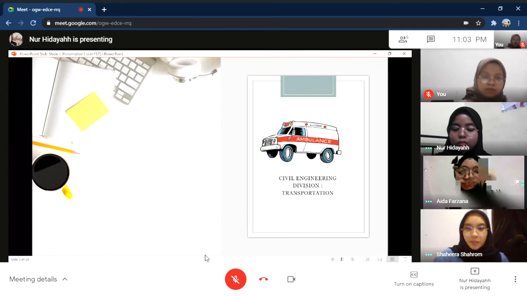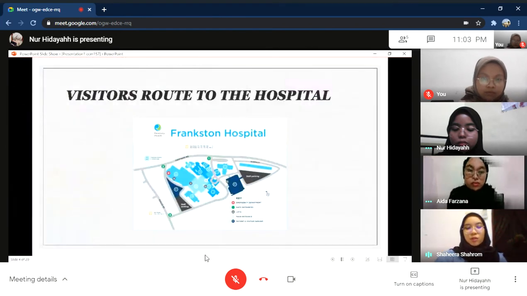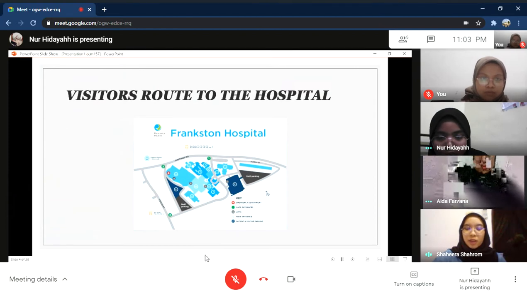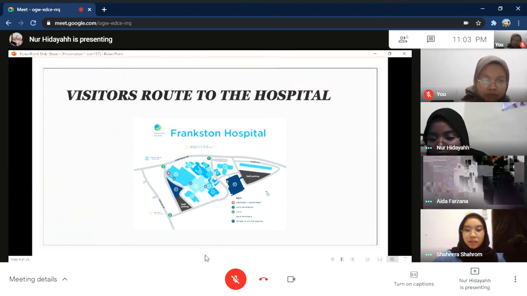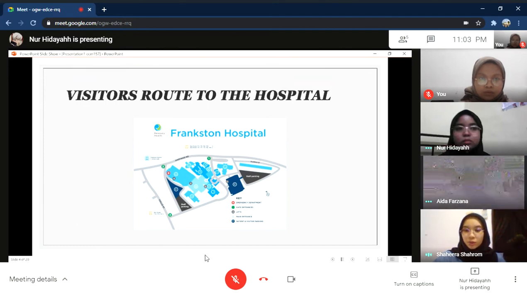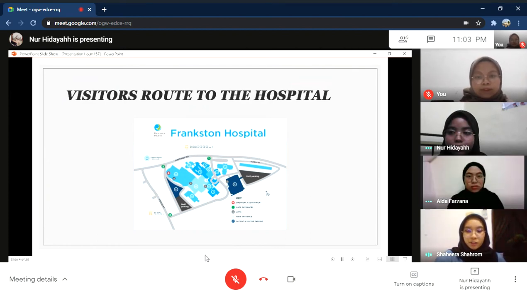From the previous meeting, I stated that ambulance and also emergency patients will have separate and direct access from a different route to the emergency department, so that both can prevent traffic jams and also arrive in time. So from this figure, I took an example from this hospital.